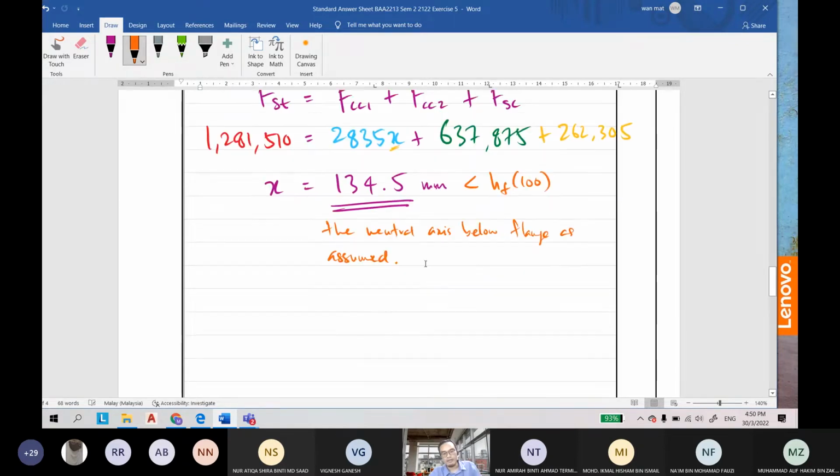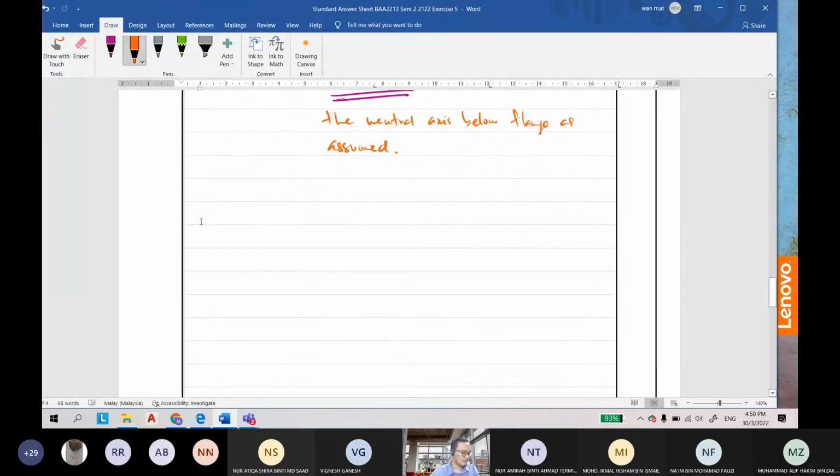Okay, and then we may calculate the value of the lever arm.